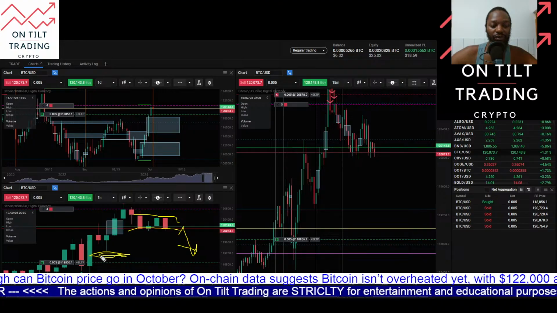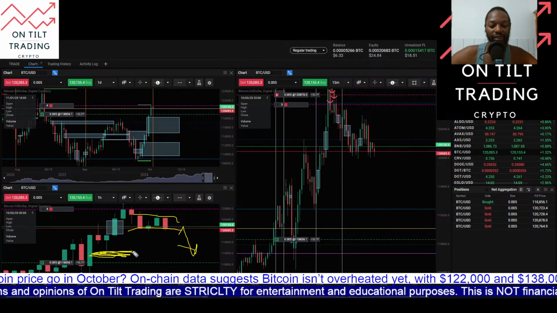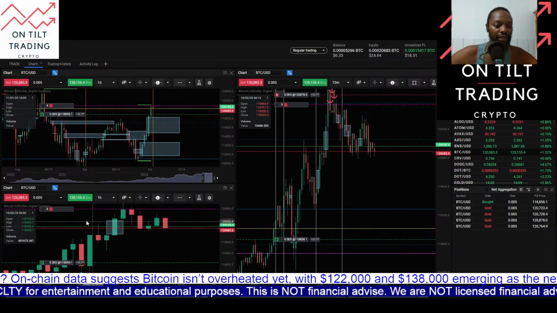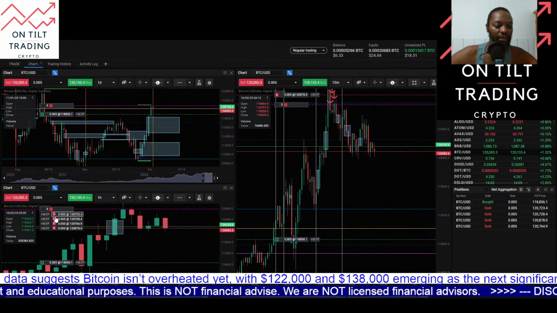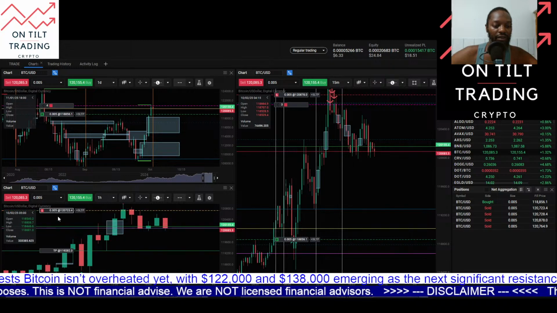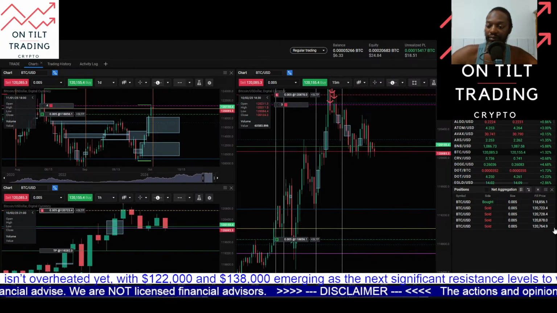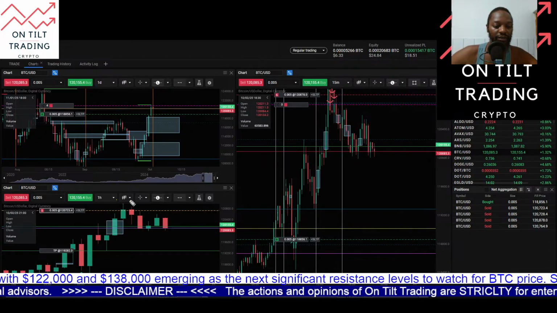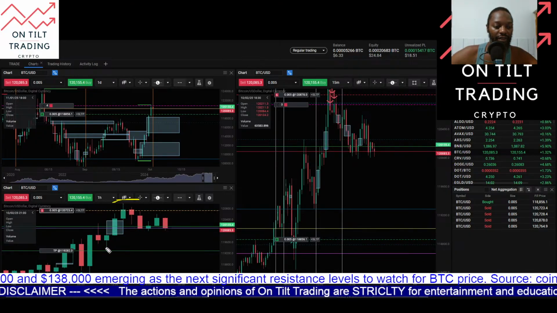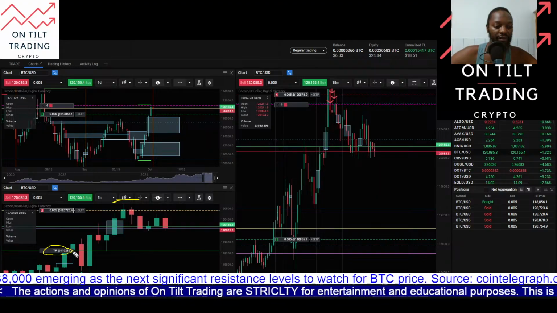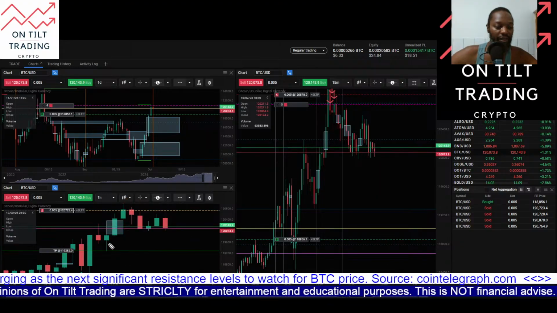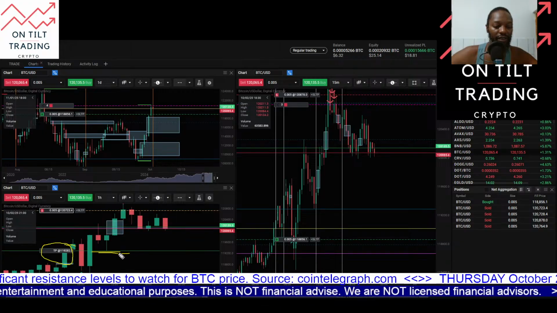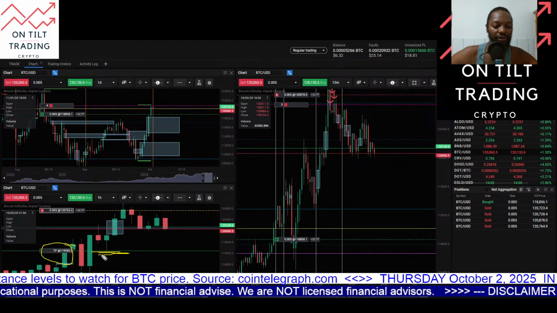For my short trades, I'm targeting the sell side liquidity resting below this low here on the 60-minute. All of these have the same stop loss and target. My stop loss is back here, and my take profit is here, this 119,282, which is a sweep into sell side.